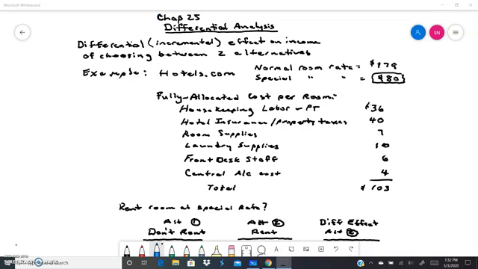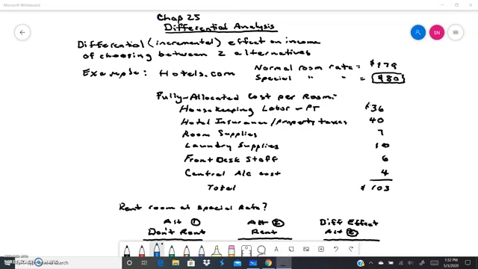For instance, this type of analysis would be helpful in terms of thinking about leasing or buying a car, maybe refinancing or not refinancing your mortgage. So things like that, where there's two alternatives. It can only be used for two alternatives, but you can look at the differential effect on income or on your costs of doing so. So that's what differential analysis is.